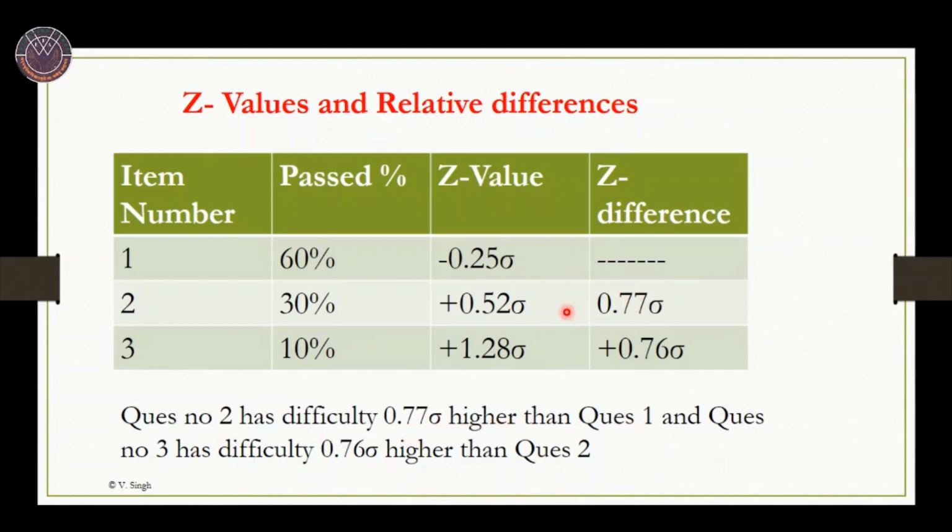Similarly, question number 3 has difficulty 0.76 sigma higher than question number 2. So we have got our result. We have compared the relative difficulty levels: how much more difficult question 2 is than question 1, and how much more difficult question 3 is than question number 2.